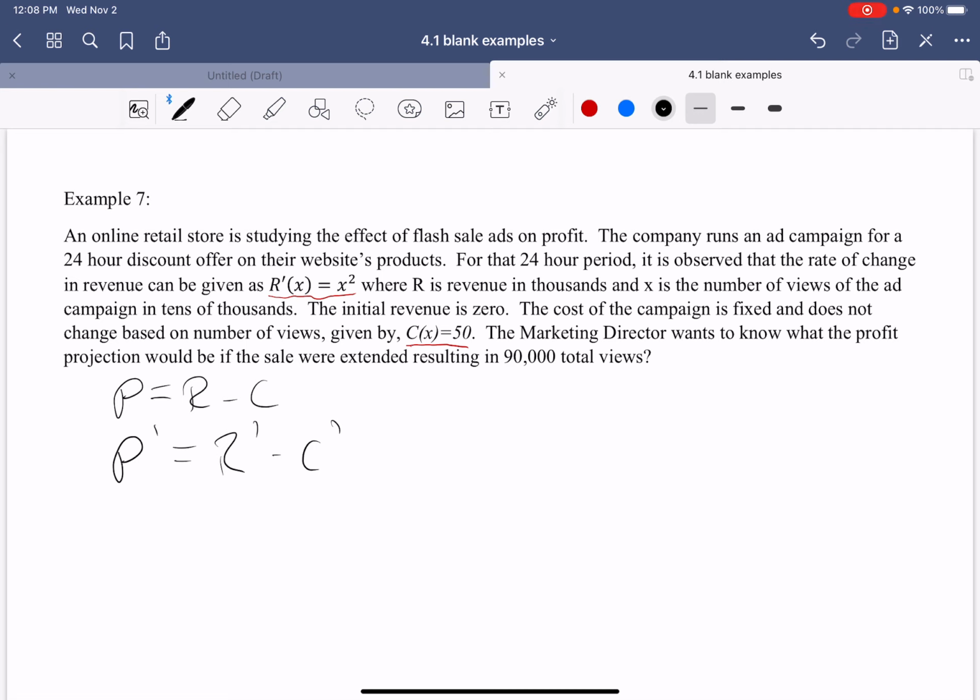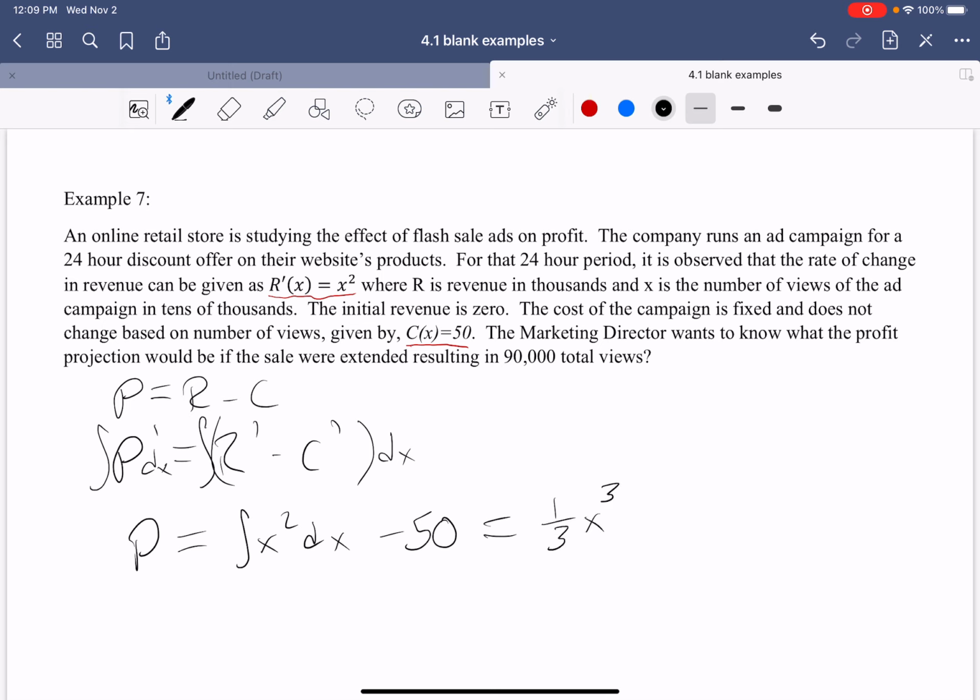And if we took the antiderivative, we get right back to P equals R minus C. Now, we're only going to need to do that for revenue, which is R prime is x squared, and then we have a fixed cost of 50, so 1/3 x cubed plus a constant minus 50 is the profit function.